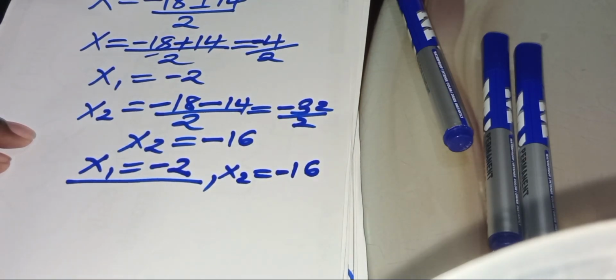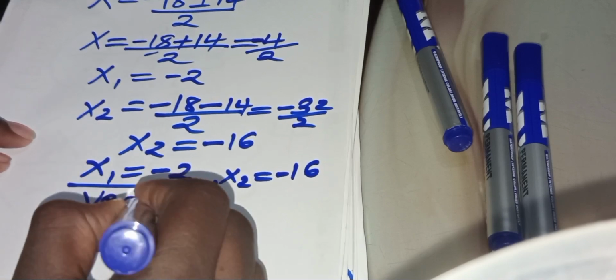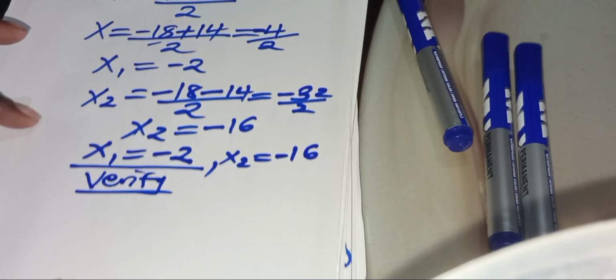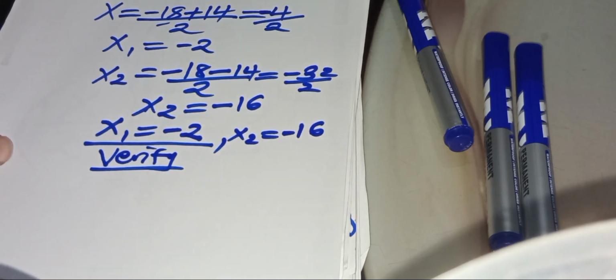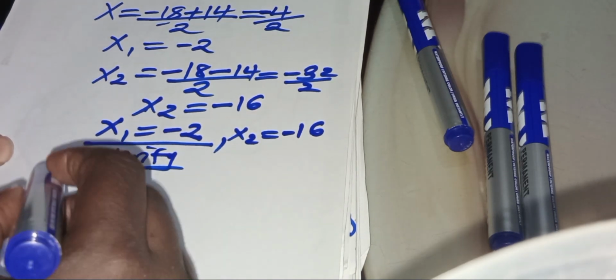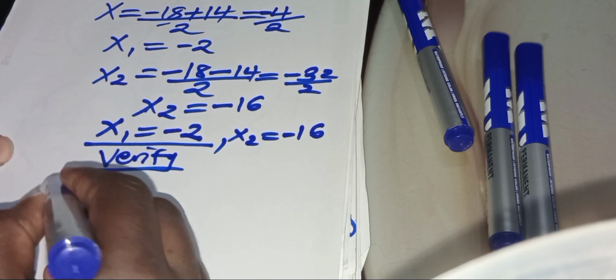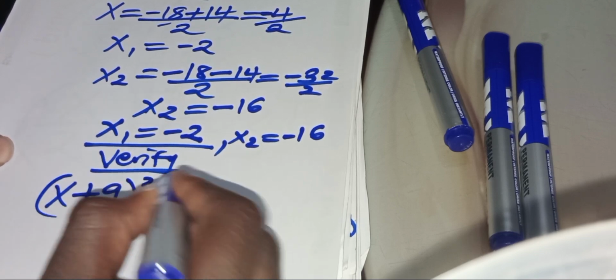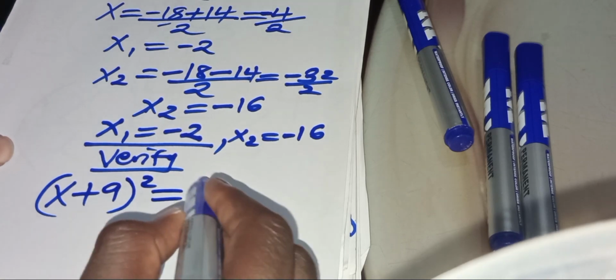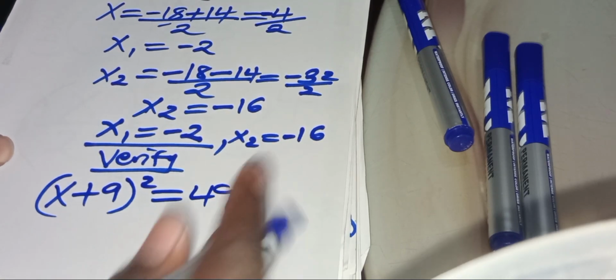Now let's verify that these values of x satisfy the equation. If you recall, we started with (x + 9)^2 equal to 49.